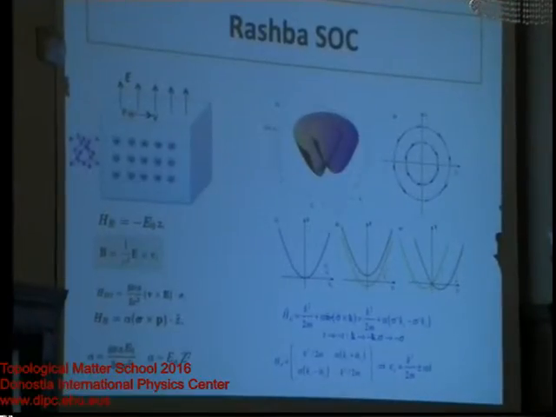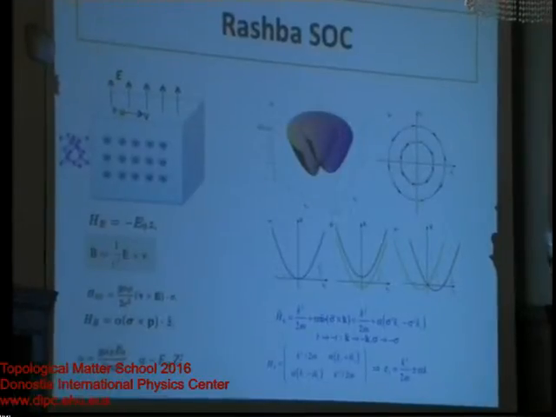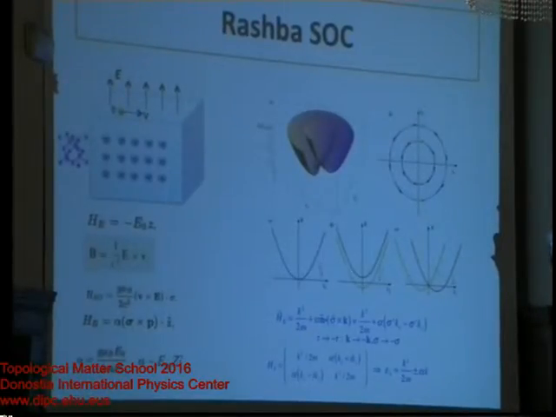Although we are considering a 2D system, just a 2D parabolic band here, actually the 3D z direction still survives. And most important is this electric field. The effect of this third dimension gives you the Rashba splitting. You will get such a band structure.